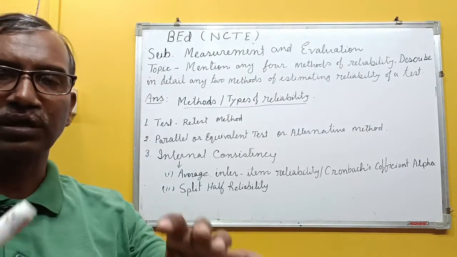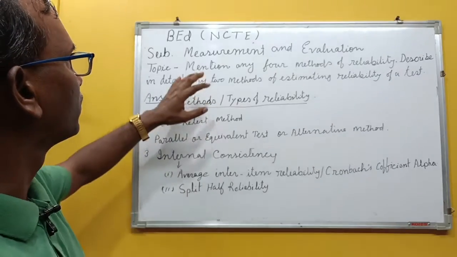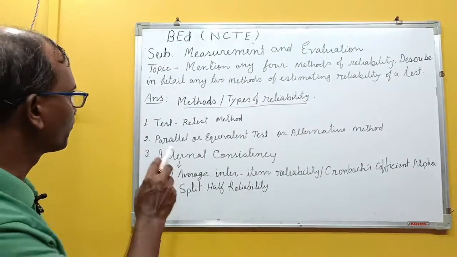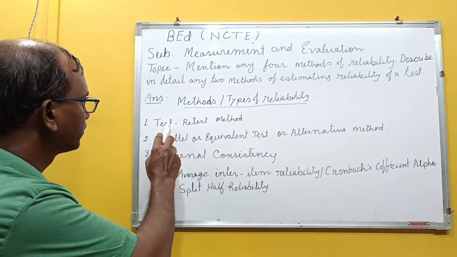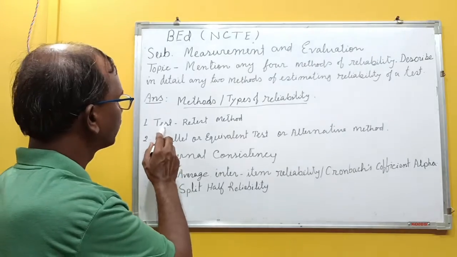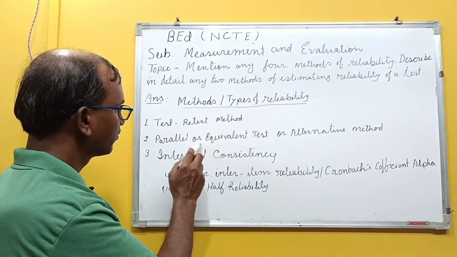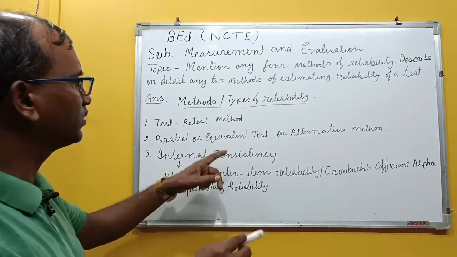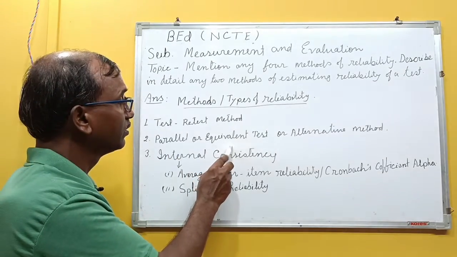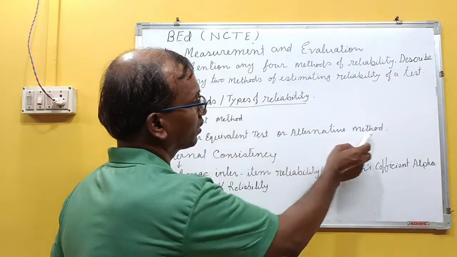So after analyzing the writing of different authors in books related to measurement and evaluation, it is clear that there are three main methods or types of reliability. One is the test-retest method, another is the parallel, or the same concept, equivalent test. In some books, instead of parallel, you may have seen equivalent test, or alternative method.